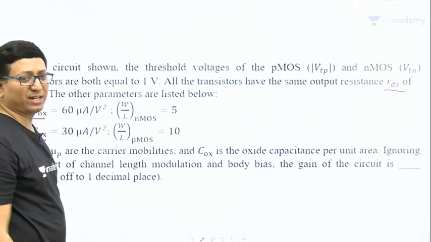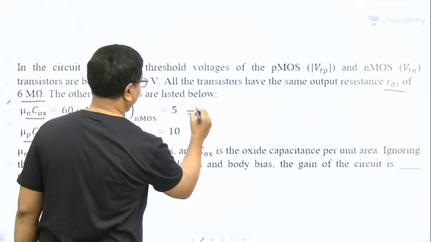So one thing you can observe, let us see Kn and Kp values.